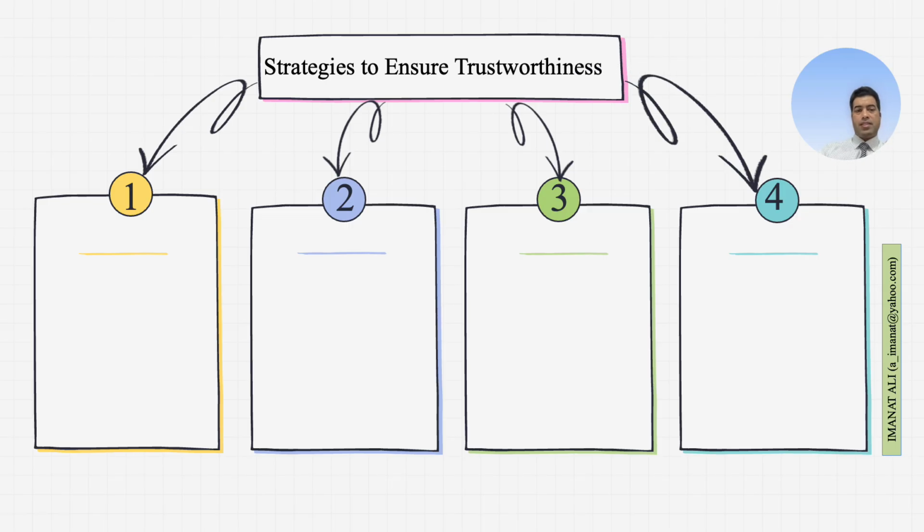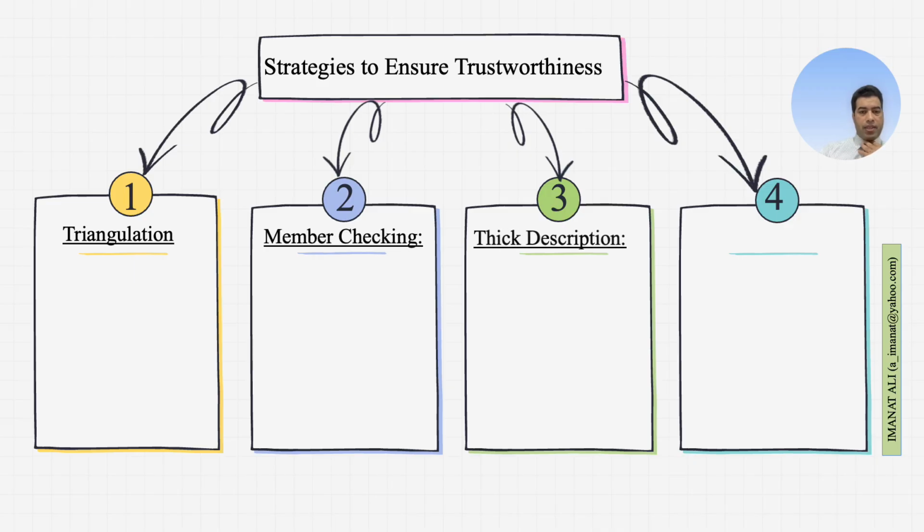What strategies ensure trustworthiness, whether something is true or not? First is triangulation, from triangle, meaning different perspectives on data. Then member checking, thick description, and audit trail.